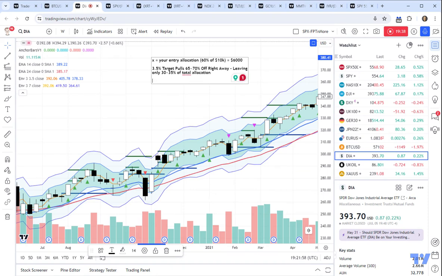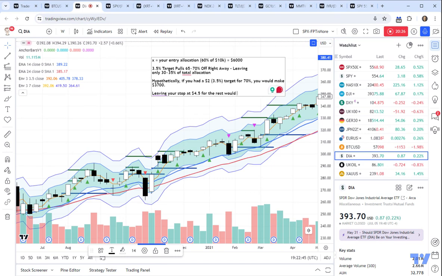So hypothetically, if you had a $2 3.5% target for 70%, you would make on your $6,000, just do the math real quick, about $3,700 roughly, and leaving your stop for the 30% at 4.5 hypothetically for the rest.